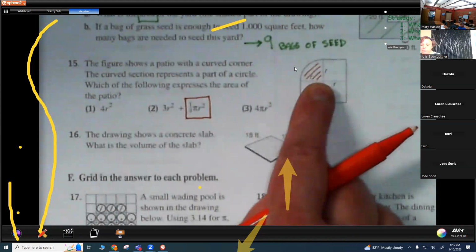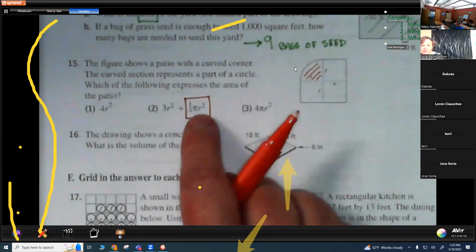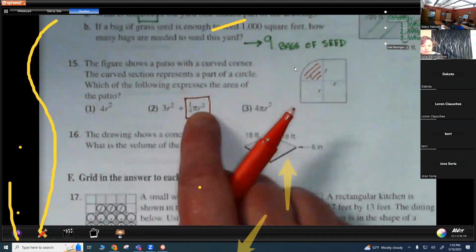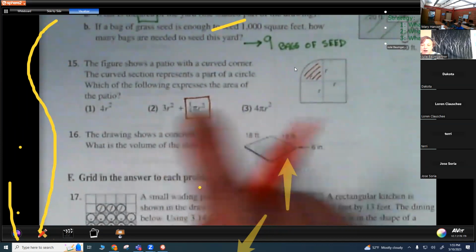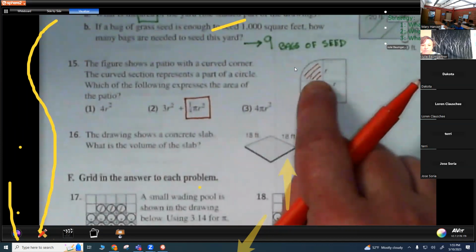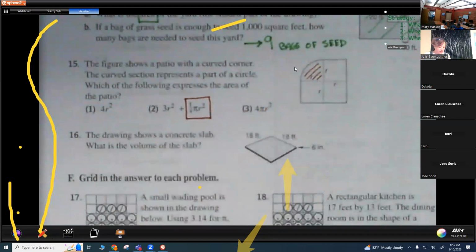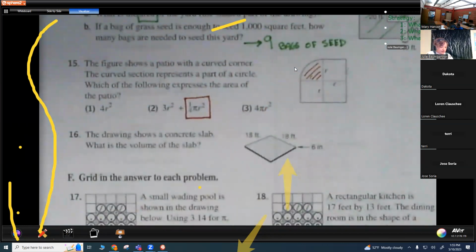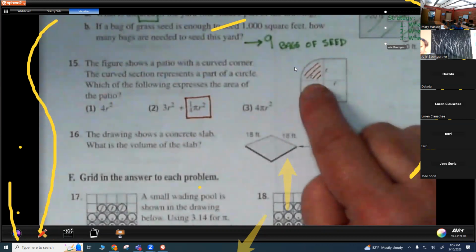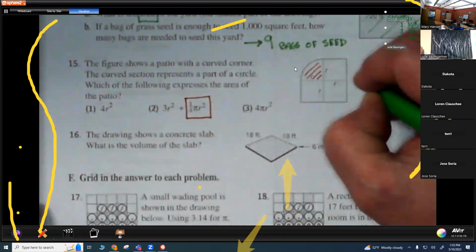Okay. And so once we calculate the area of the total circle, we only need 1/4 of that area. And then we have our 3 squares as well, which is represented by our 3r squared. And here, r is also the side of the square, right?